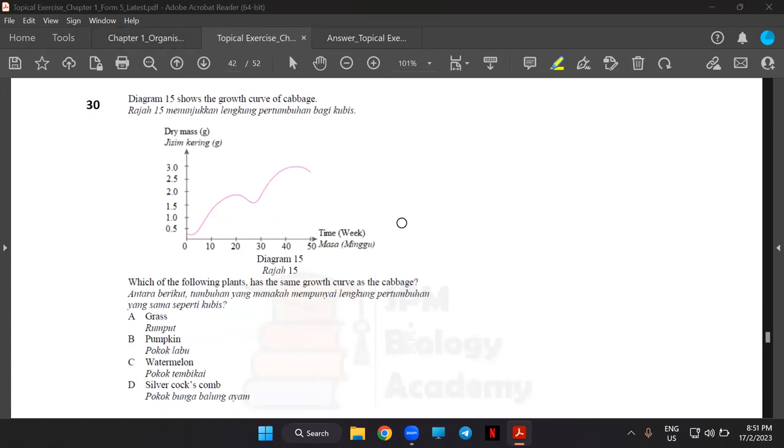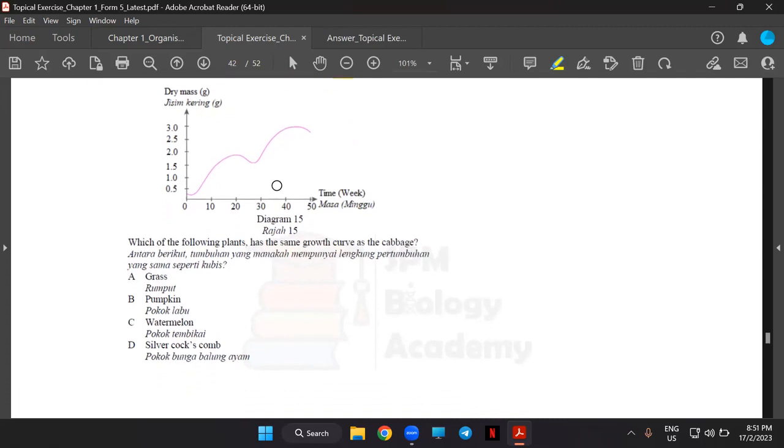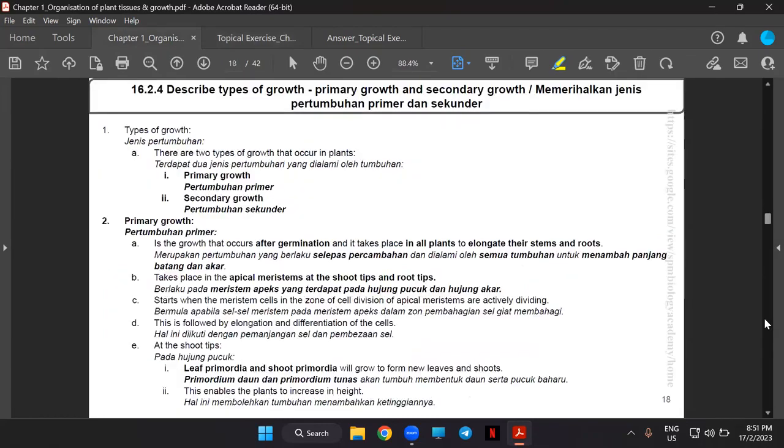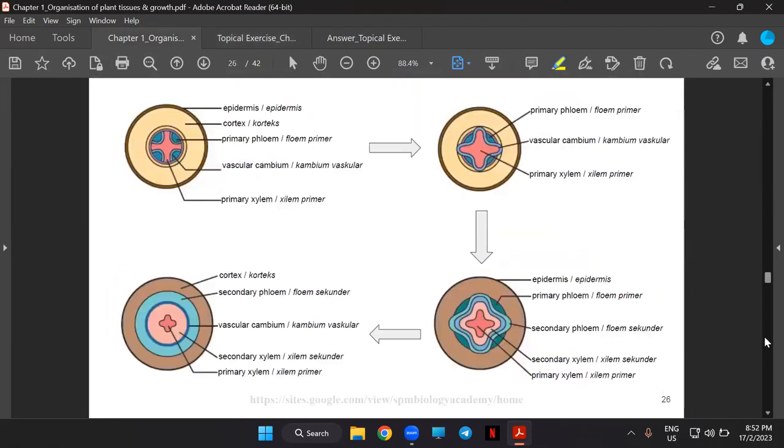Soalan 30. Diagram 15 shows the growth curve of cabbage. Rajah 15 menunjukkan lengkung pertumbuhan bagi kubis. Jadi saya rasa kamu kenal 1, 2. So what is this? Tumbuhan dwi musim. Biennial plant. Let me show to you.